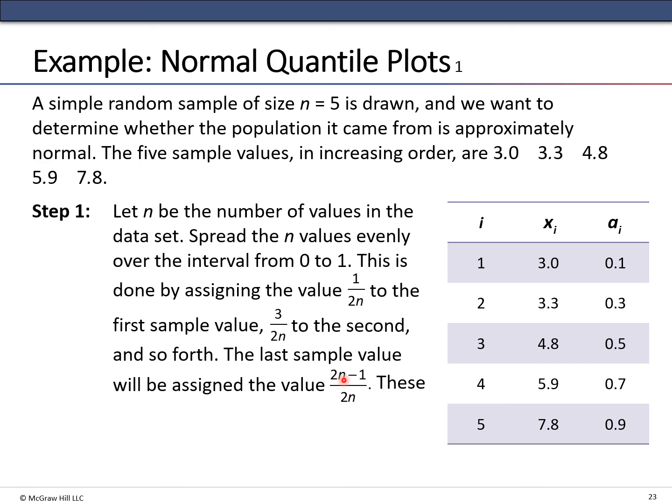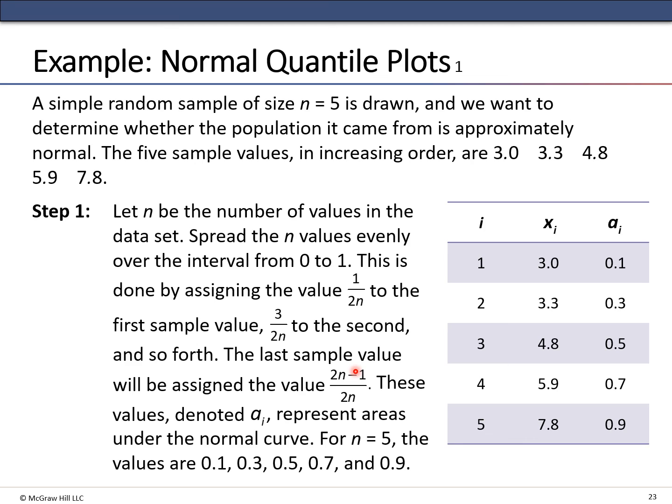For the first sample, we'd have (2 minus 1) over 10. 2 minus 1 is 1 over 10, or 0.1. What we've done is actually just evenly divided these. Since there are 5 points, you'll notice that they're all 0.2 apart. Okay?